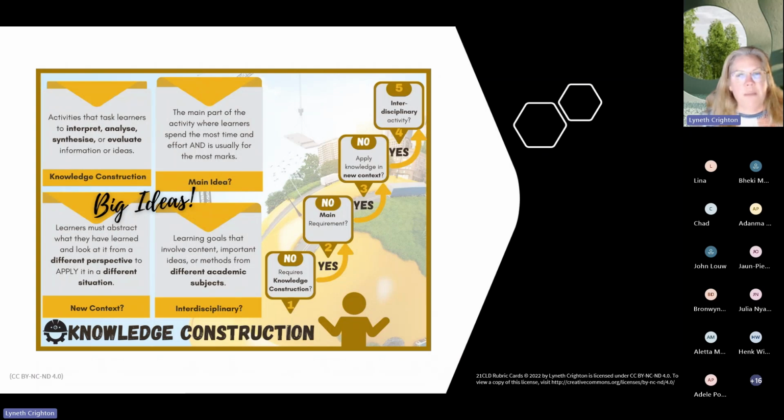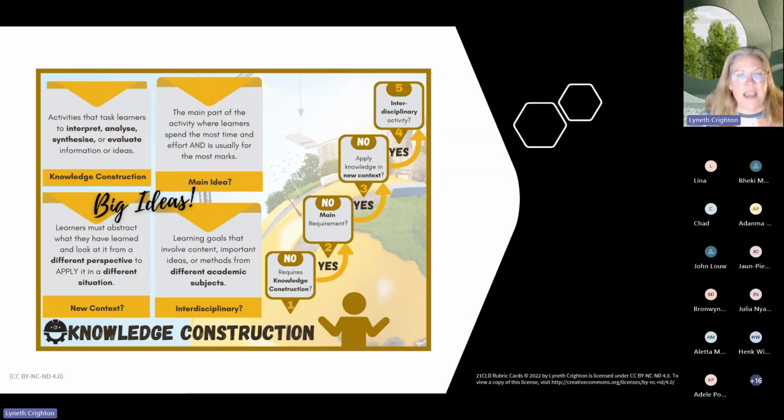So that made it interdisciplinary. The part that made it obviously a main knowledge construction was, yes, it was the most time, effort, and marks. And what was the knowledge in the new context? Well, they had to take what they knew about protest action, and how people across the world in different situations did peaceful and non-peaceful protests.